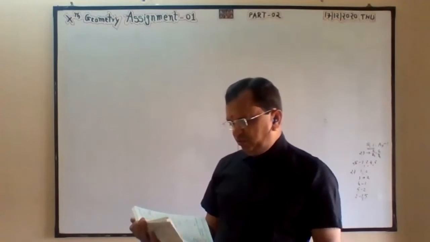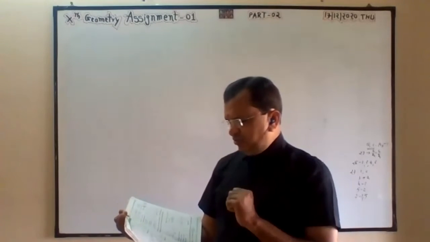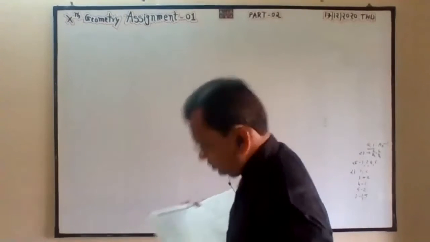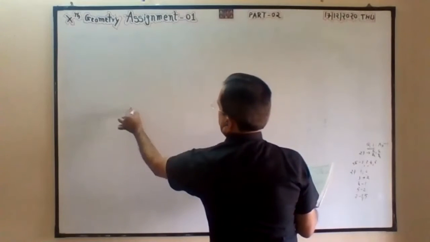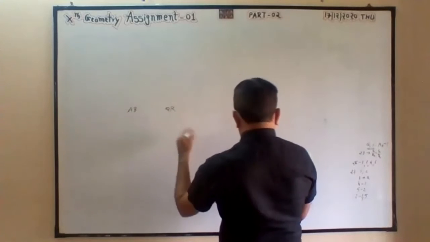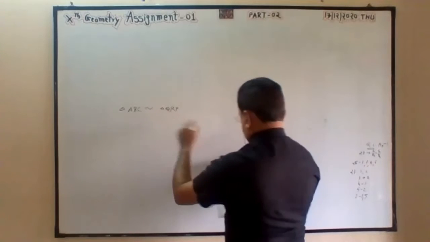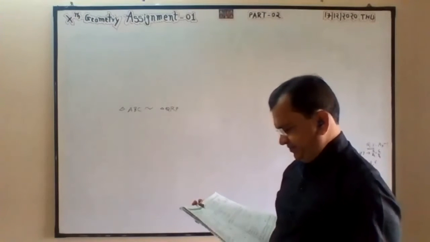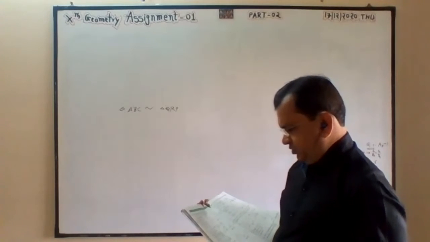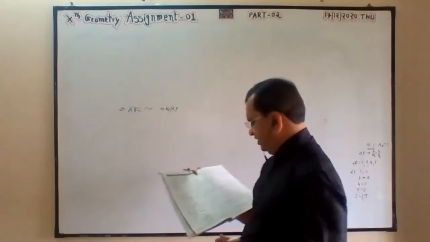With respect to which it is similar, it is given. First pair is A and Q, second pair B and R, third pair C and P. By this ratio, this is a one-to-one vertex correspondence. And which of the statements is false, that is given.